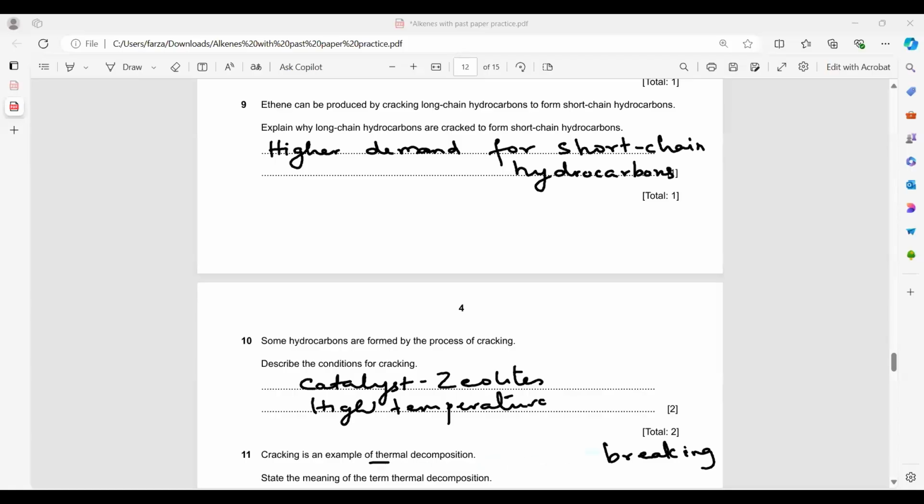Or in simpler terms, we can just say breaking a compound into simpler substances when it is heated.